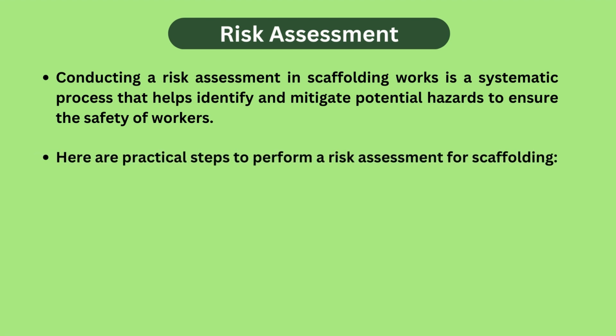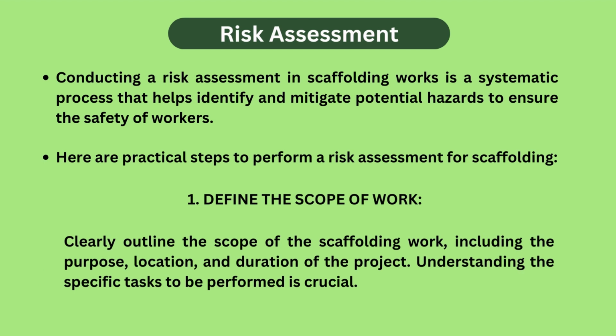Let us see the practical steps to perform a risk assessment for scaffolding. The first step is define the scope of work. Clearly outline the scope of the scaffolding work, including the purpose, location, and duration of the project. Understanding the specific task to be performed is crucial.